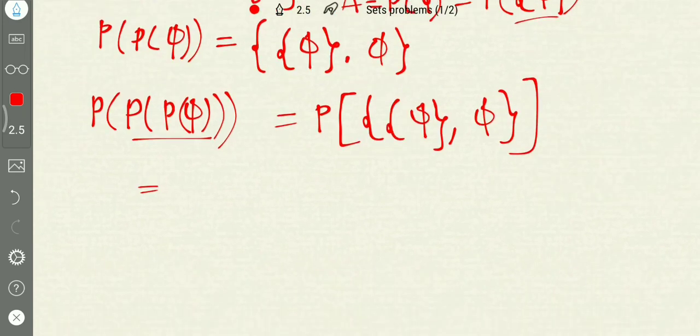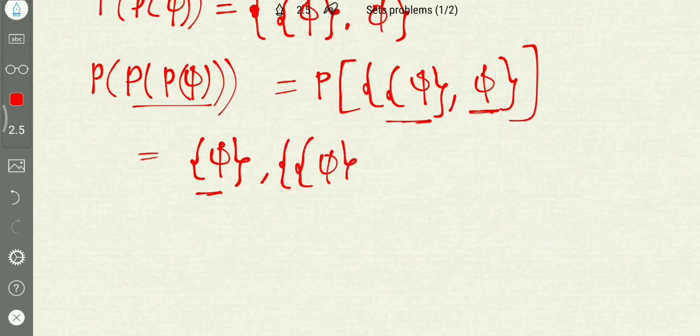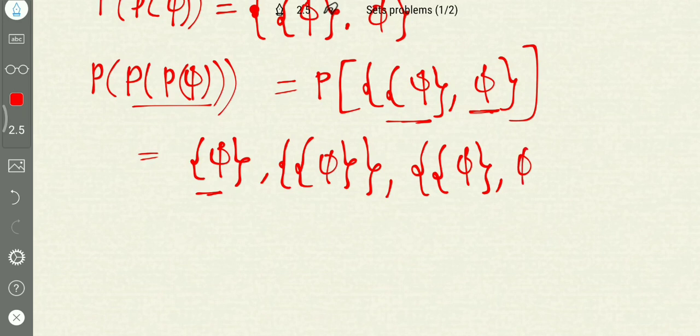Now it will be the single element, and another one is this one, and for both it will be this, and the last one is the normal null set.